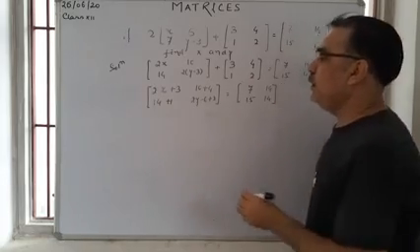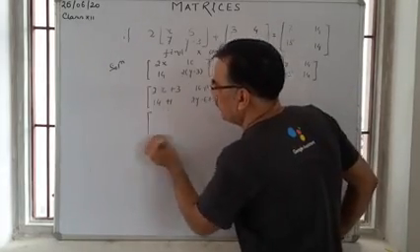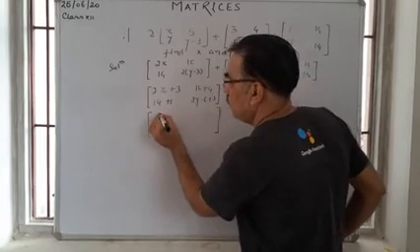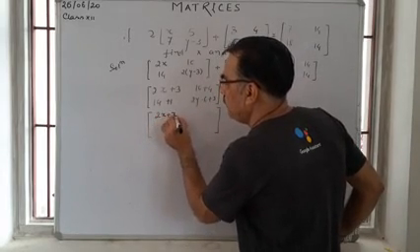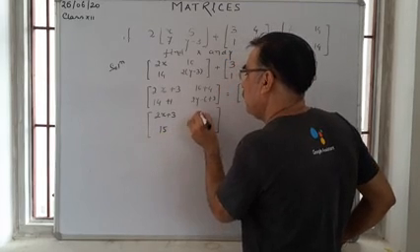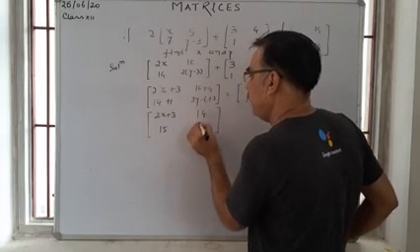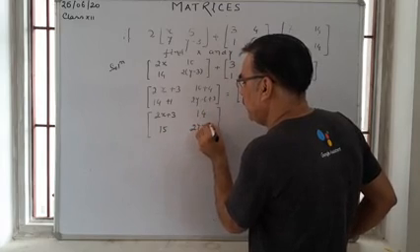Now we can write it as 2x plus 3, here 15, 14, and here 2y minus 4.